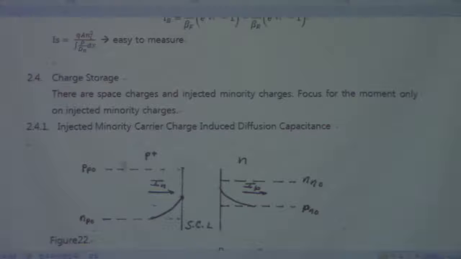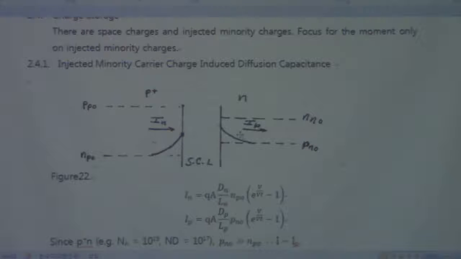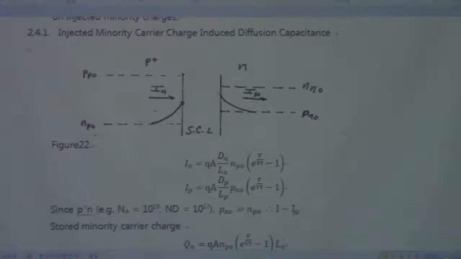One is the injected minority carrier charge induced diffusion capacitance, which comes from the fact that minority carriers have to be injected on both sides, the emitter and the base.